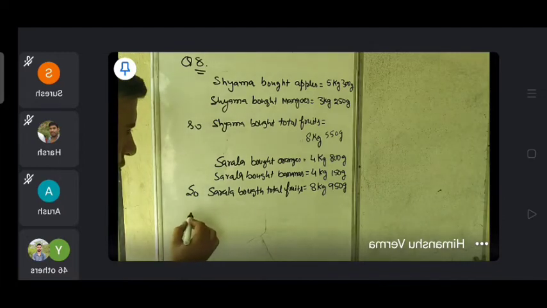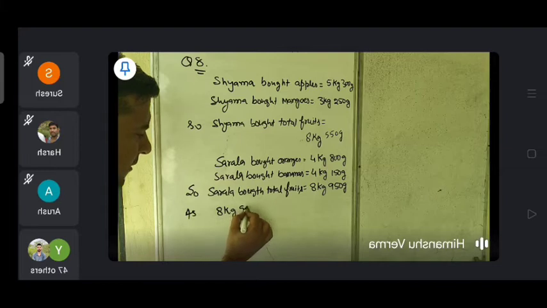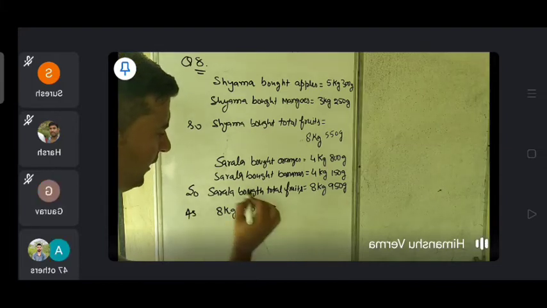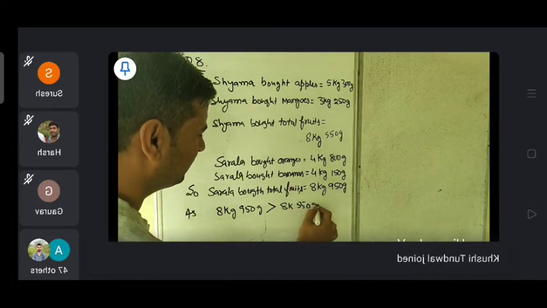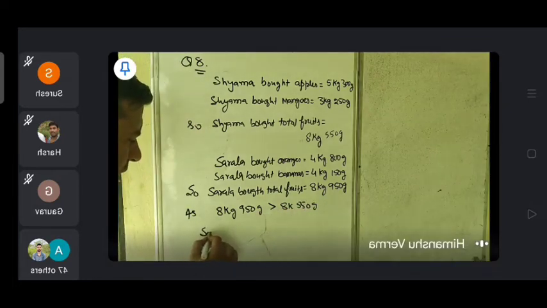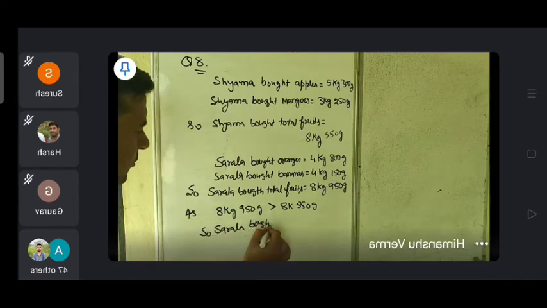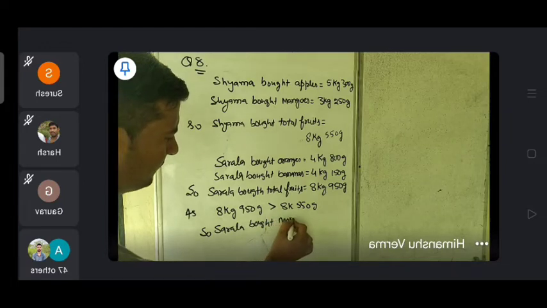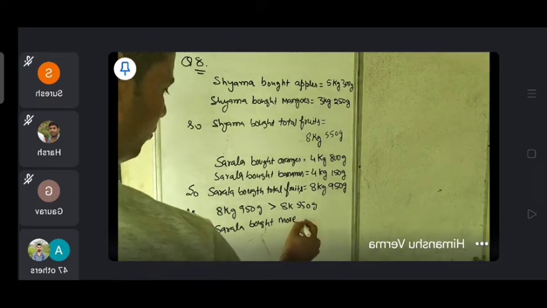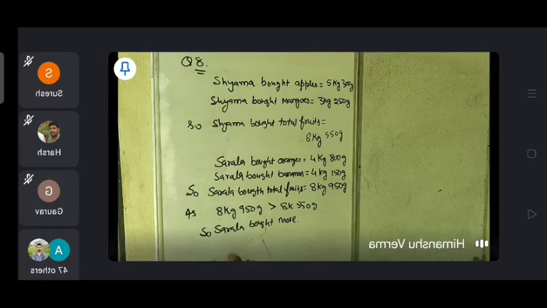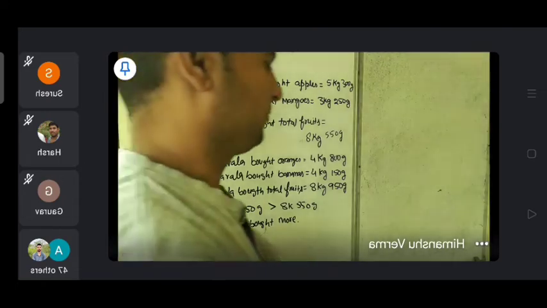So as हम यहाँ लिखेंगे, 8 kg 950 grams is greater than 8 kg 550 grams. ठीक है? So Sarla bought more. By how much? You can subtract. इसने पूछा है by how much? No. इन्होंने यही पूछा है बस who bought more? Sarla bought more. So it is an easy question.